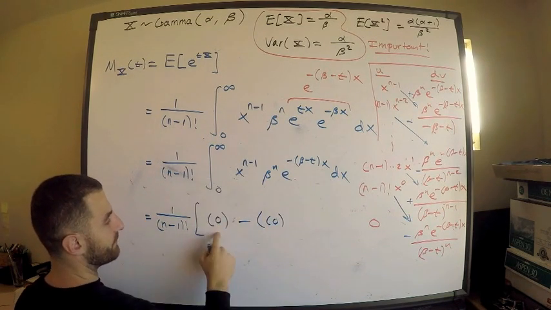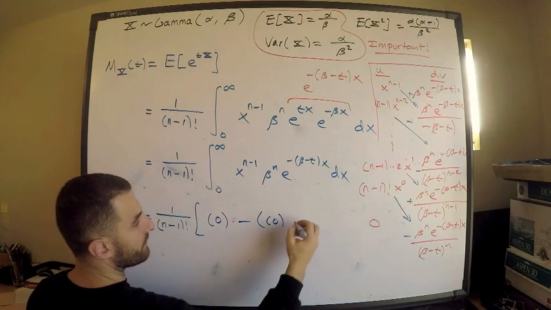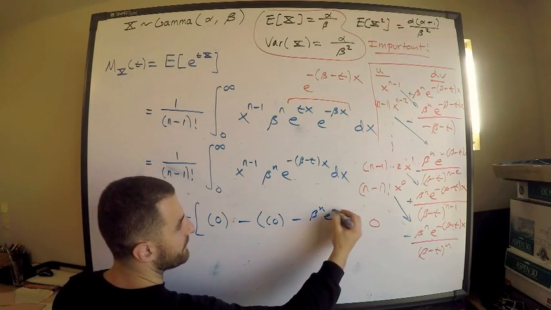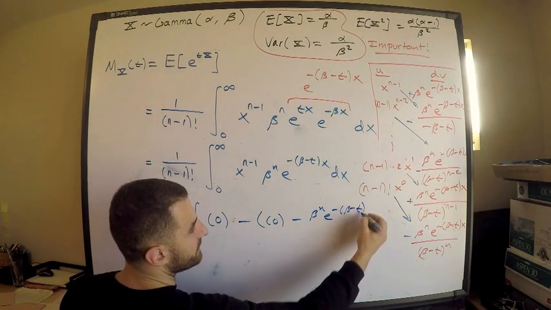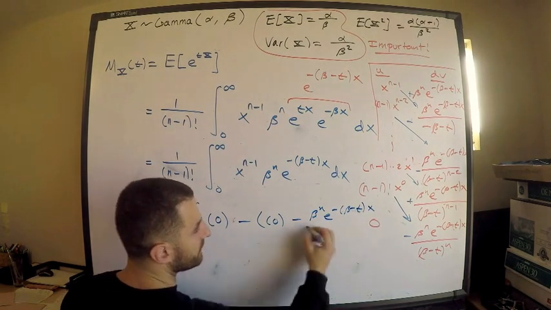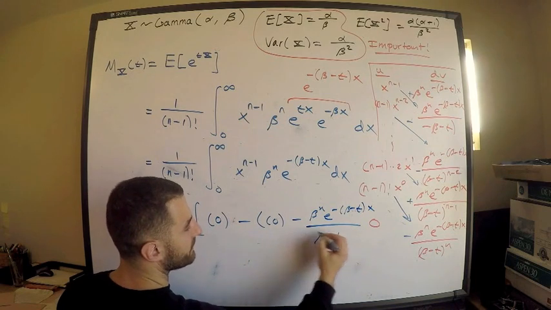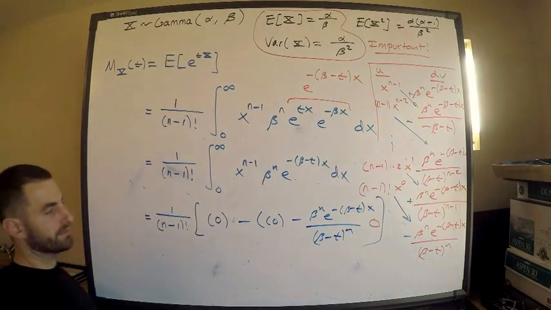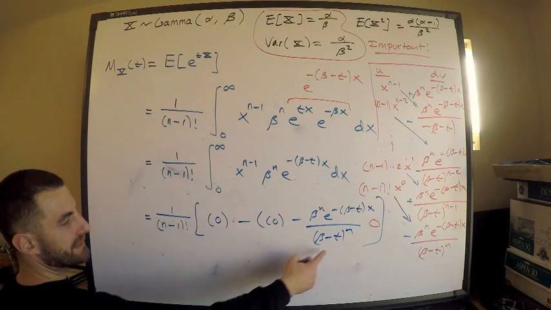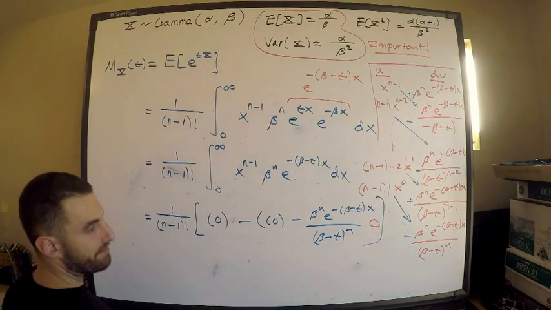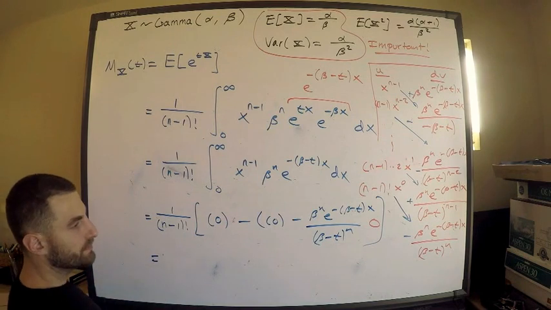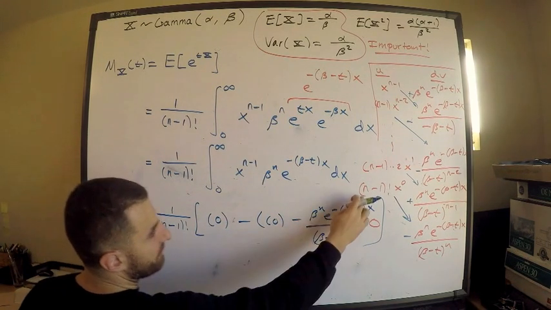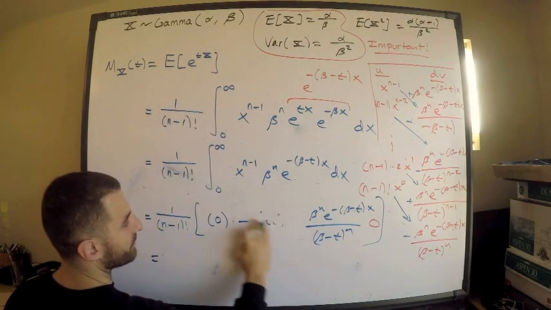Okay? This is at infinity. This is at 0. Minus this. This is beta to the n, e to the negative beta minus t to the x, divided by beta minus t to the n. I already plugged in the endpoints. Everything zeroes out except for that last term, because it doesn't involve a power of x. And then I had the n minus 1 factorial times that.